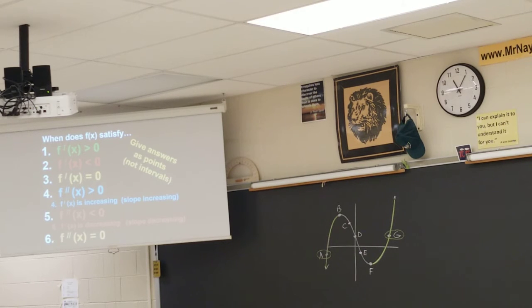So A and G. Now, can you figure out what points would satisfy any of these remaining calculus statements? Again, you're not giving the answer as an interval, rather just separate points, so you might be listing multiple points.